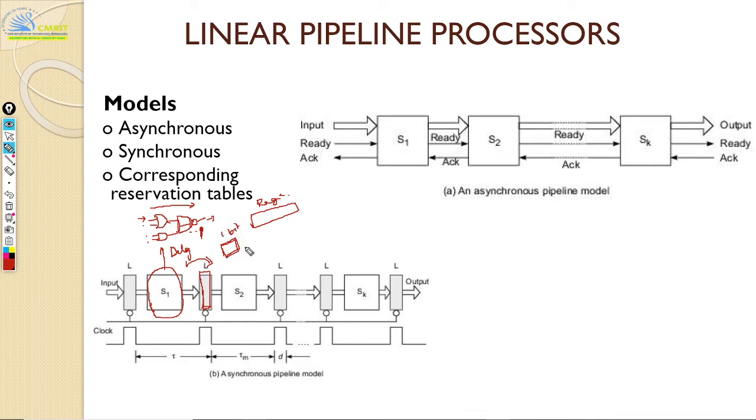So for every stage you have a series of latches forming one big register that can operate through a clock. Depending on how many signals you get out of this combinatorial logic, you will have that many latches, and that will form one register. In other words, what you have here is combinatorial logic interleaved by latches or flip flops.